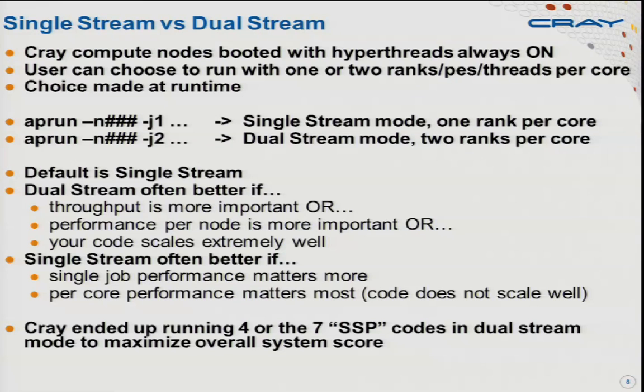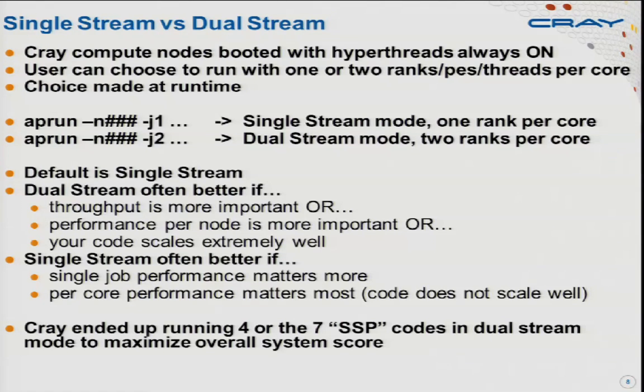You have less memory per rank, yes. Because you have a fixed amount of memory per node, and you're doubling the number of ranks per node, you'll have less memory per rank. Performance is the same per thread? Well, no. When you go to dual SSP, it's all the same hardware.